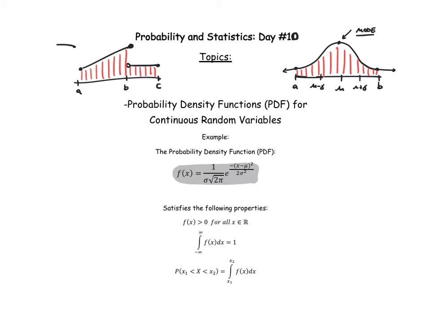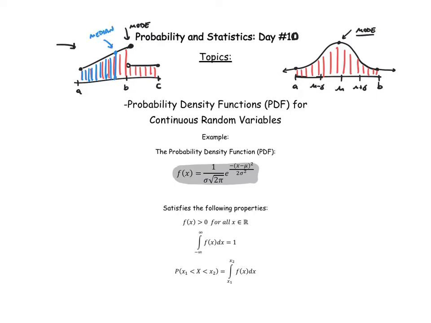So if we look at this PDF over here, the mode would be, in this case, B, even though it might not be the midpoint of the graph with regards to the probability. So let's say that half of the distribution accumulates up to this point. This point would be called the median.